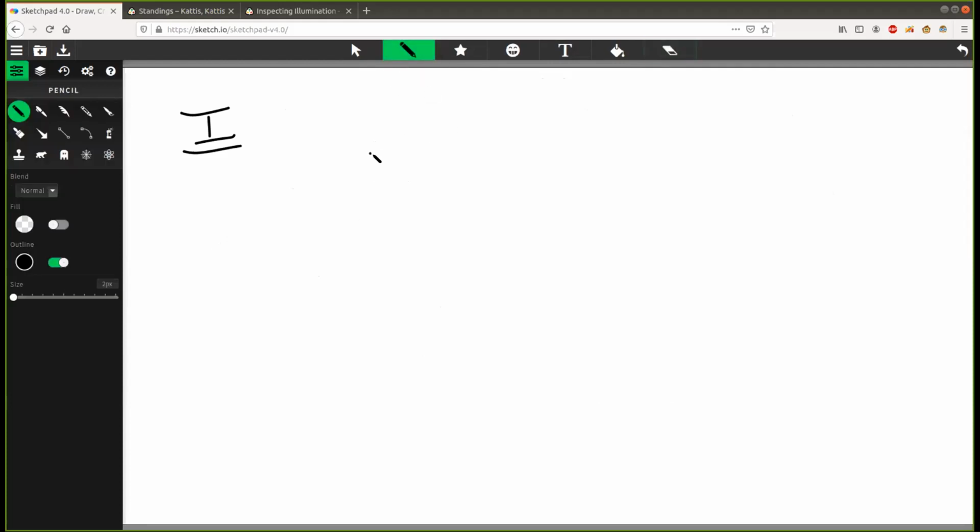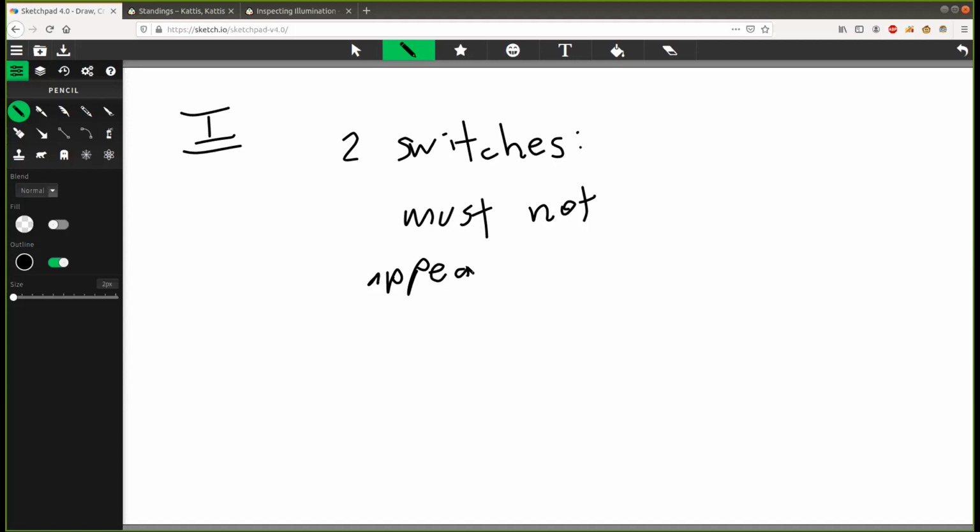In order to improve this, we realize that we have to ask some queries where there are multiple switches in the same query, and we need to sort of separate them out. For any 2 switches, they must not appear in the same set of queries, right?